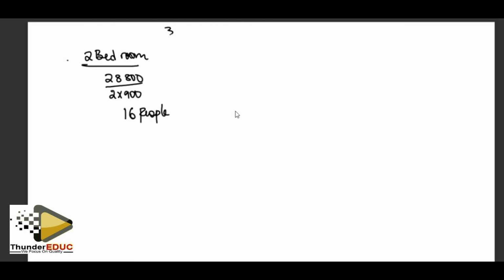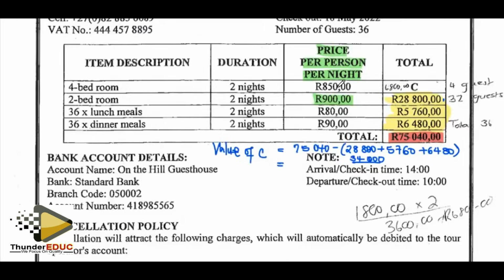Remember, there were 36. So if in 2 bedroom we have 16, what about in the 4 bedroom? We shall say it's that much divided by how much is a 4 bedroom? Per night, it's 850. But people are going to spend 2 nights there.